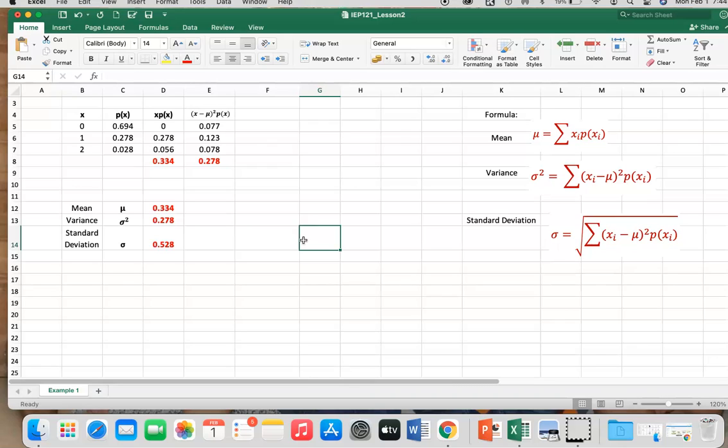So what is its implication? Having these values here, if the dice were rolled 100 times and the sample mean of the 100 rolls were found, it would be near 0.334, because as I mentioned a while ago, the mean gives the expected average outcome over many observations.